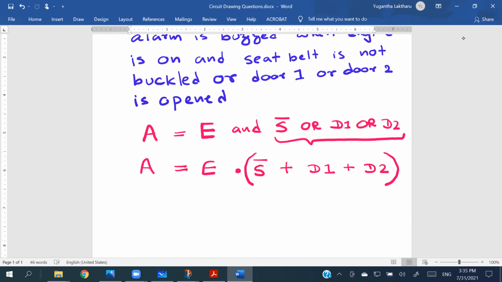Can you take the point? Why did I put the brackets? It's very logical. Right? Okay. So now it's a piece of cake, right?